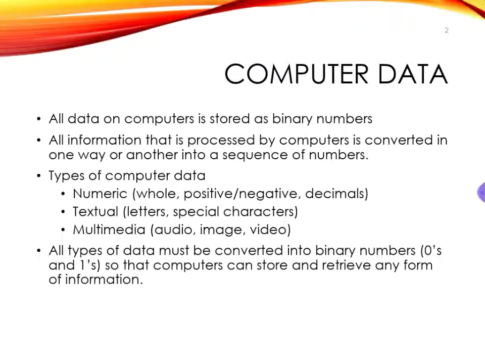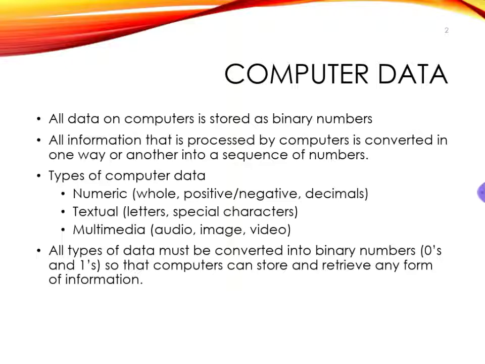So computer data, as we have already mentioned, is always stored as binary numbers. So what happens is that any form of information that you would like to process with computers or store in a computer needs to be converted into binary number form.